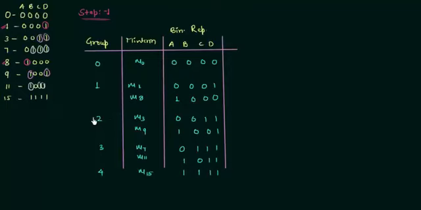In step number 2 we are going to use this table and we will fill another table. So in step number 2 we will have to make another table, and that table will be the same, and we will fill that table depending upon this table, which we will see shortly. So let's make the table quickly.